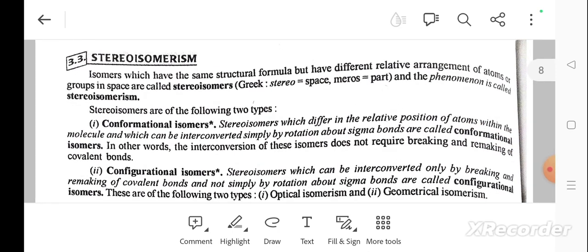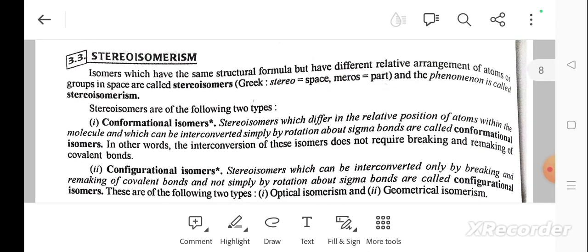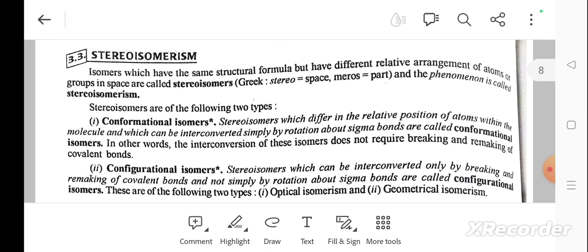Stereoisomers. Isomers which have the same structural formula but different relative arrangement of atoms or groups in space are called stereoisomers, and the phenomenon is called stereoisomerism. Stereoisomers are of two types.